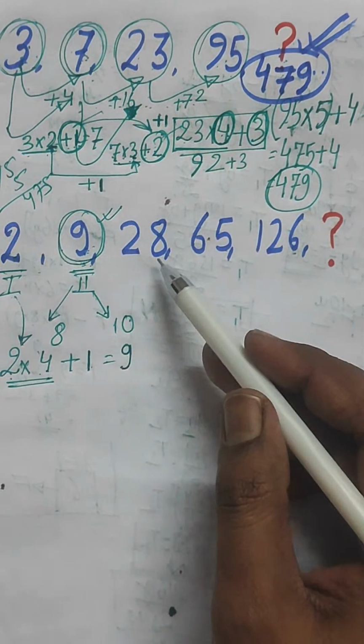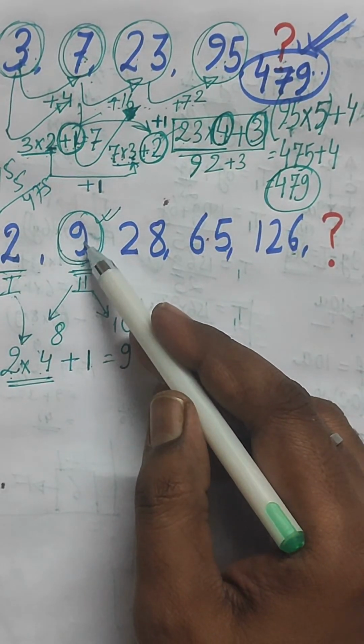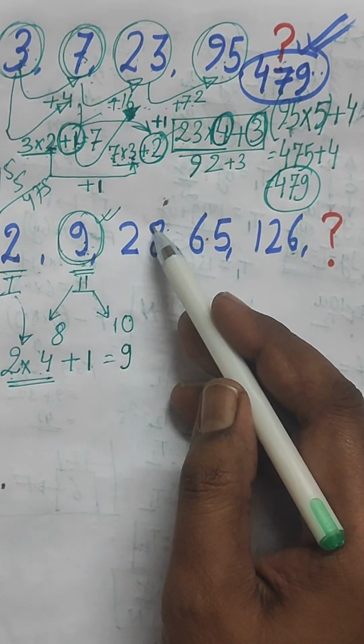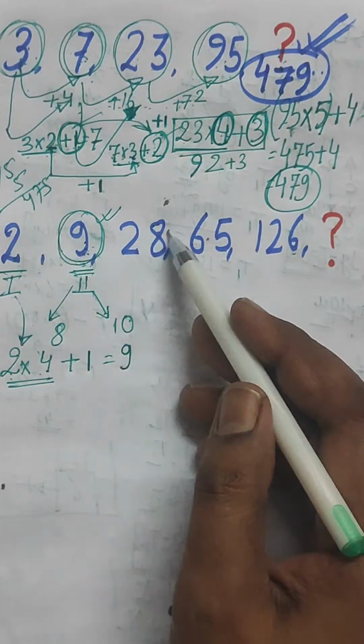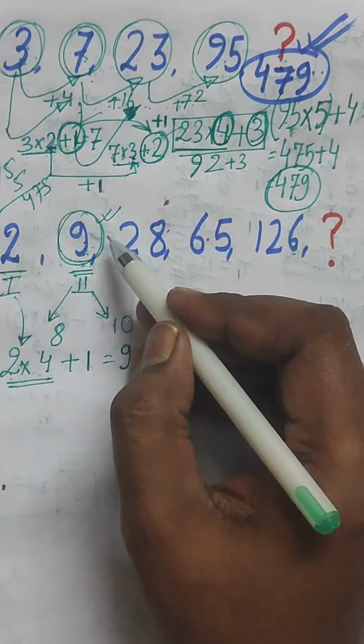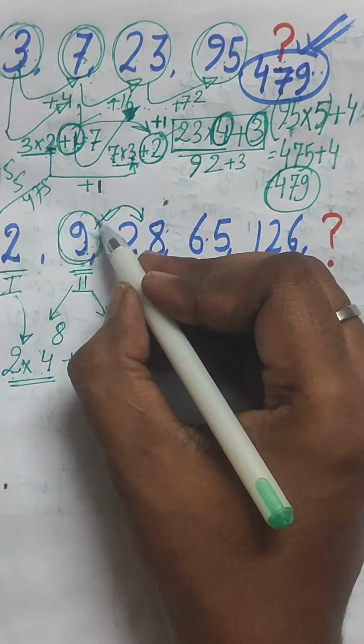Now this time, from 9, into the table of 9, 9 into 3 will be 27, and 27 plus 1. Okay, so here also this is working, but how many times it is multiplying you cannot say from the table.